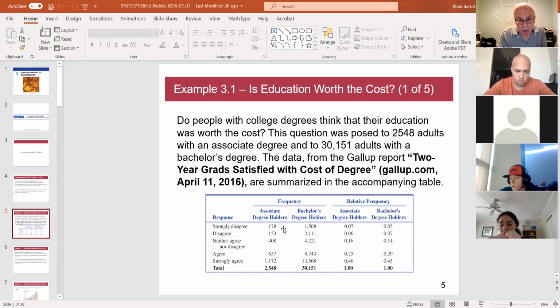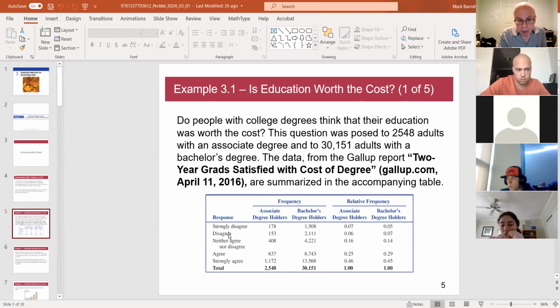All right. So what are these numbers in here? These are the counts of people who answered that question. So what was the question again? Do people with college degrees think that their education was worth the cost? There were 5 categories that a person would choose from. So strongly disagree means people didn't think it was worth it at all, a waste of time.